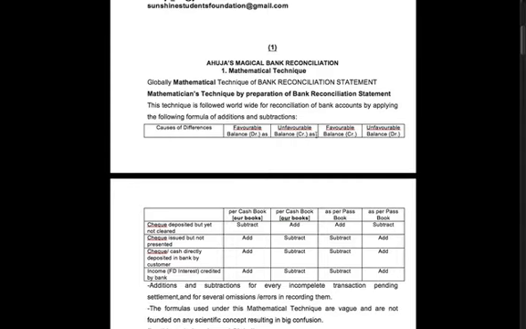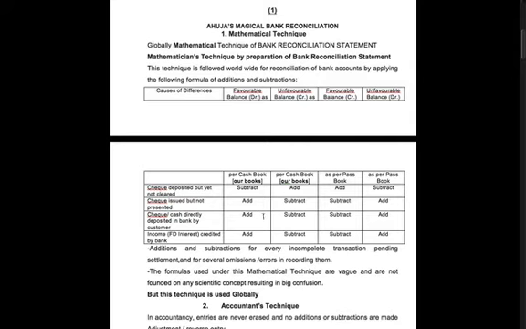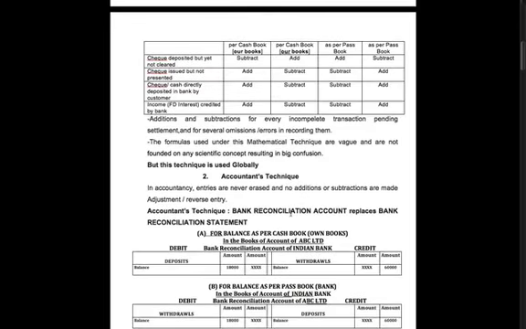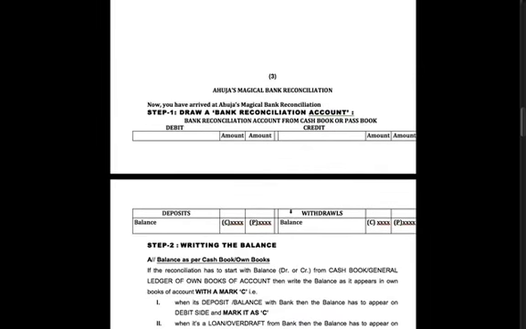The balances are given in various circumstances, then certain mathematical functions are performed, addition and subtraction, and then you arrive at the reconciled balance. But here, in my case, as an accountant's exercise, I call it a bank reconciliation account and not a statement. So it is an account. It's very easy for you to understand an account.